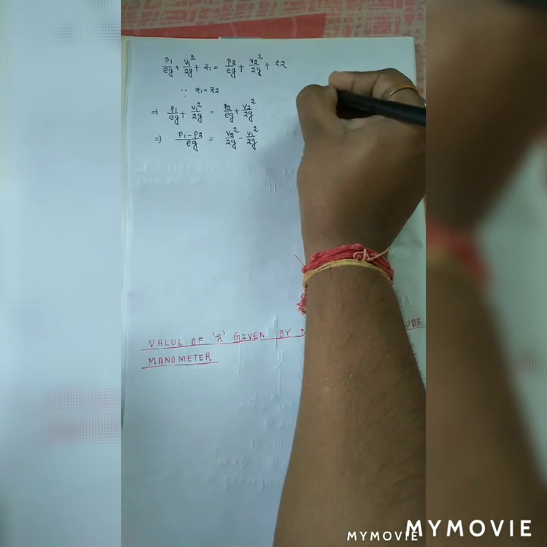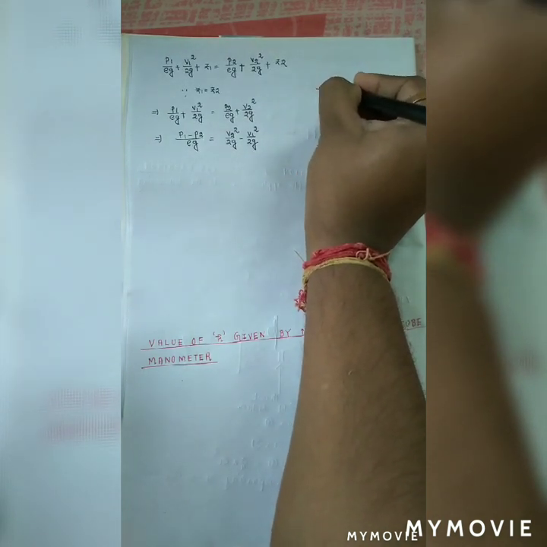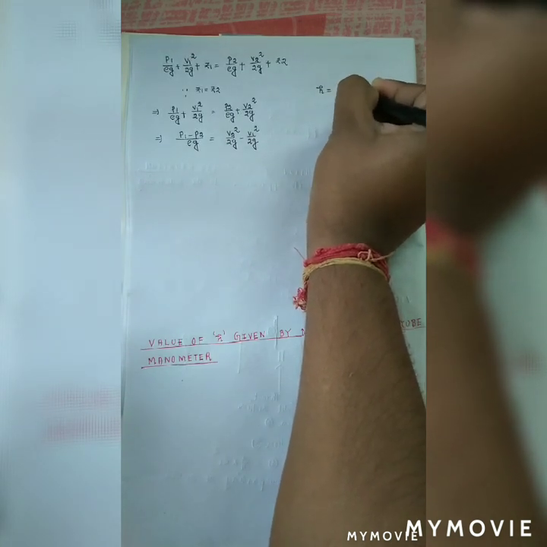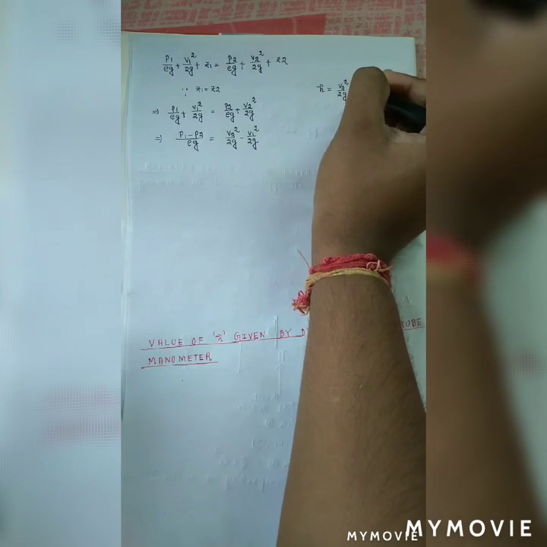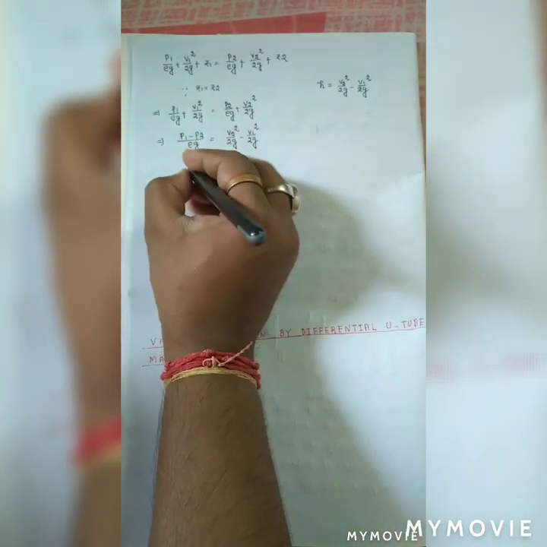As we know, small h equal to v2 square by 2g minus v1 square by 2g.